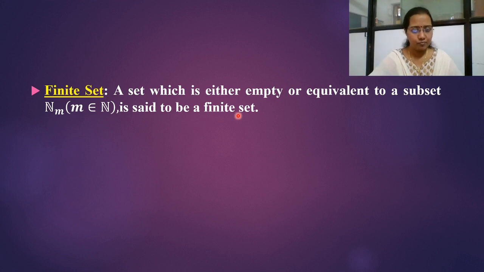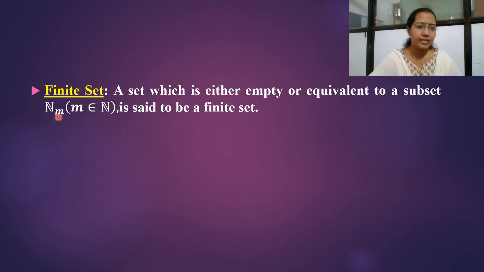Either it is empty, then also we can say that it is a finite set. Otherwise, if that set is equivalent, it means there must exist a 1-1 and onto relationship between the set and N_m, where m belongs to natural numbers, meaning some finite subset of natural numbers, then it is said to be a finite set.